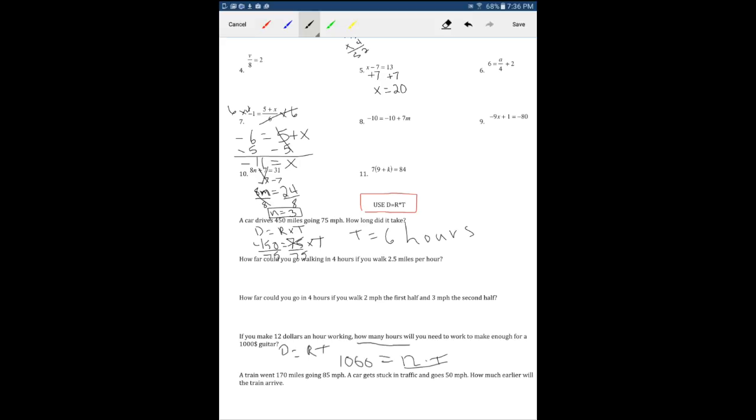Now I do the exact same thing. I divide by 12, divide by 12, and that's going to equal, what's 1,000 divided by 12? This is embarrassing, but I'm going to have to get the calculator out. 1,000 divided by 12 equals 83.3. So I'm just going to round it up: 84 hours.